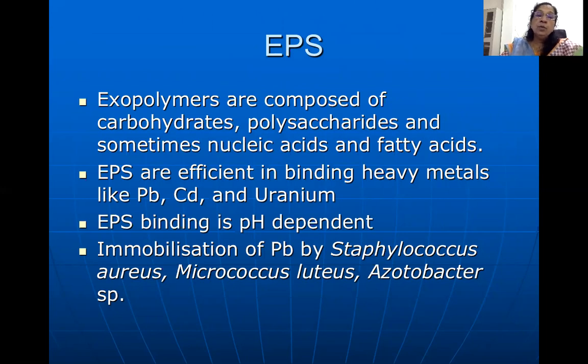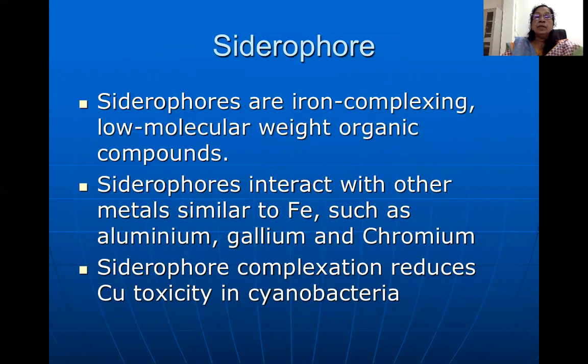EPS, exopolymers or extracellular polymeric substances, are composed of carbohydrates, polysaccharides, and sometimes nucleic acids and fatty acids. EPS are efficient in binding heavy metals like lead, cadmium, and uranium, and the EPS binding is pH dependent. This is used to immobilize certain heavy metals, for example, immobilization of lead by Staphylococcus aureus, Micrococcus luteus, and Acetobacter species.